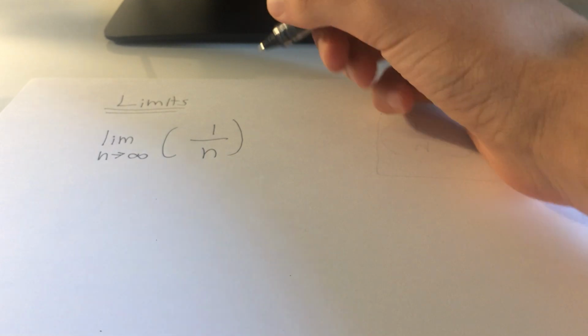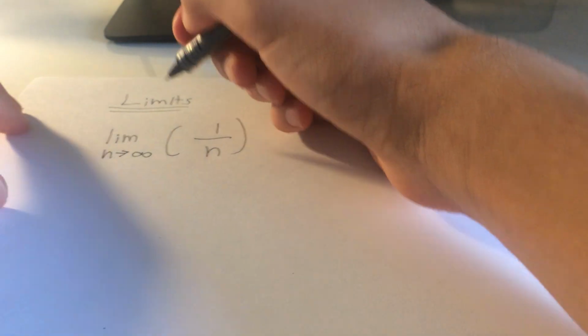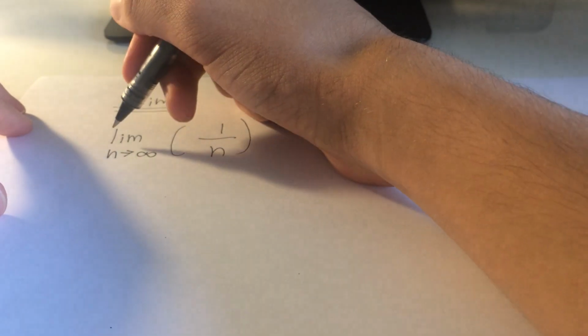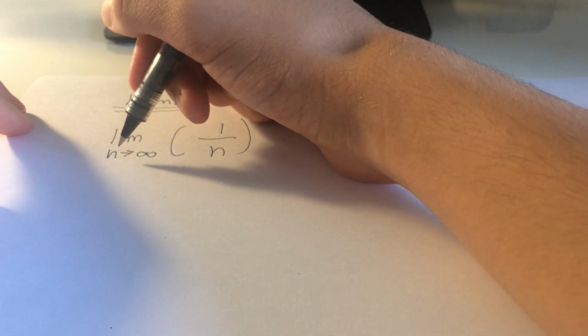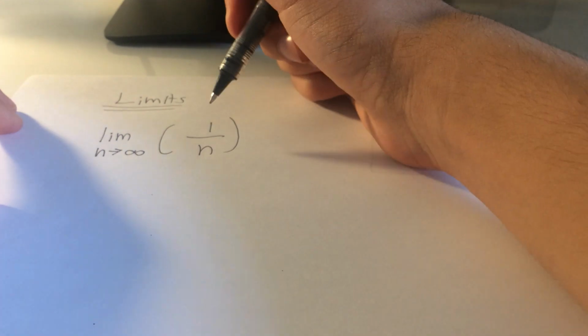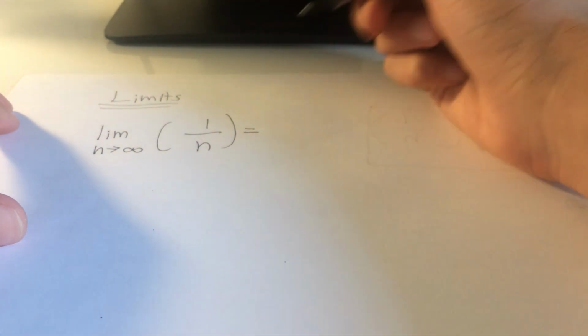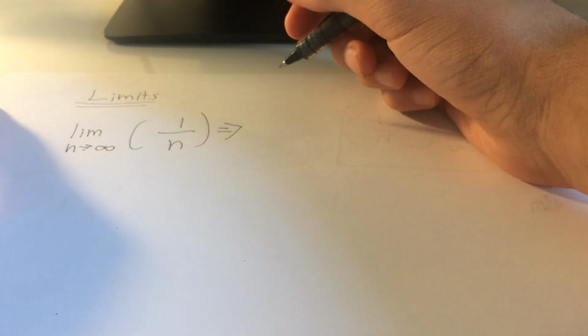Okay, so what does this mean? You can break it down into little steps. Lim, needless to say, is just limit. And the arrow means approaches or tends towards. Either way is fine.